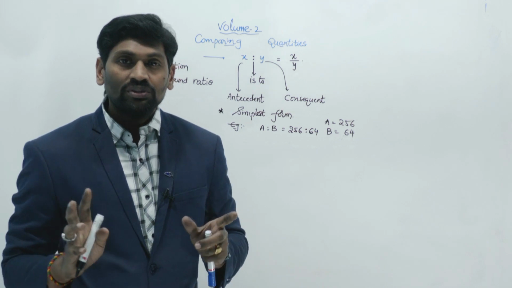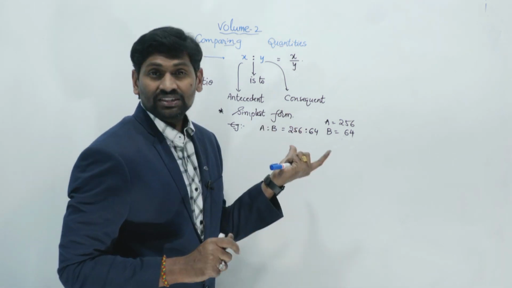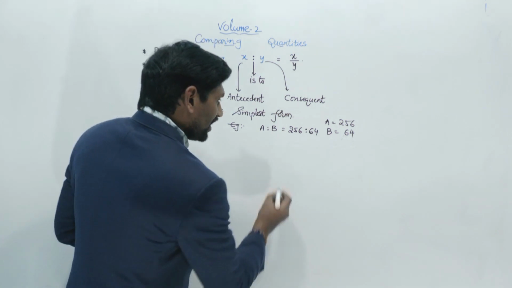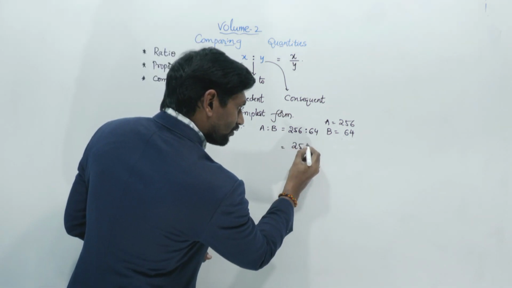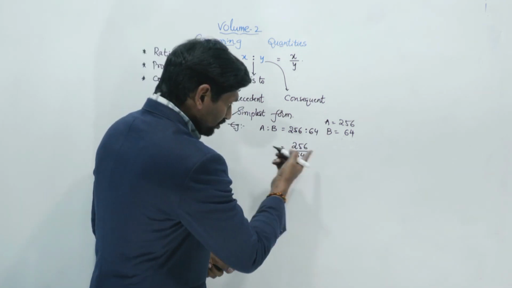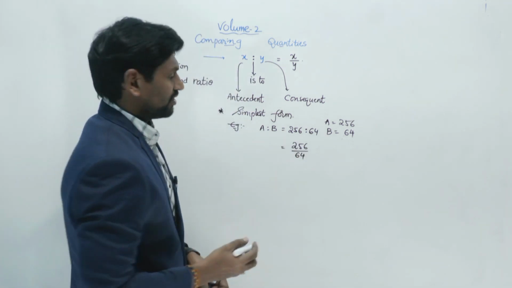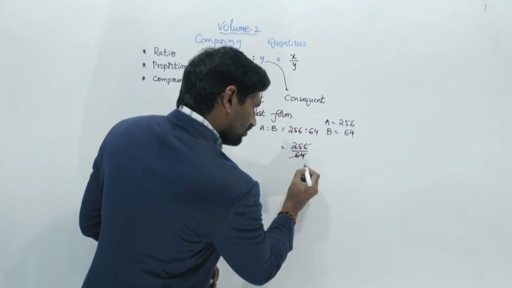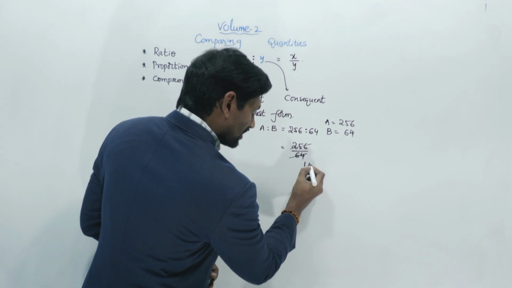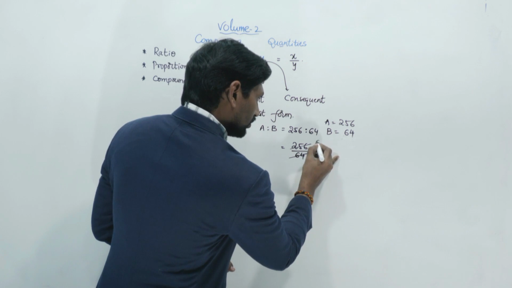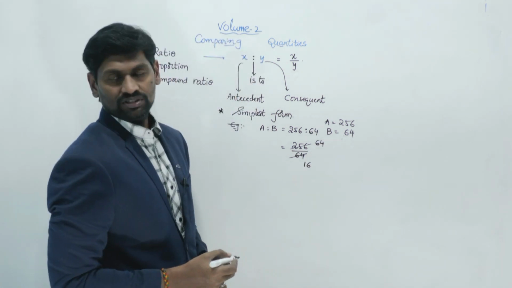So we have to convert the ratio into simplest form now. First of all, we convert them into fractional form and try to make them into simplest form by cancelling. Taking the 4 table, 4 sixteens are 64 and 4 ones are 4, so 256 by 64 becomes 64 by 16.